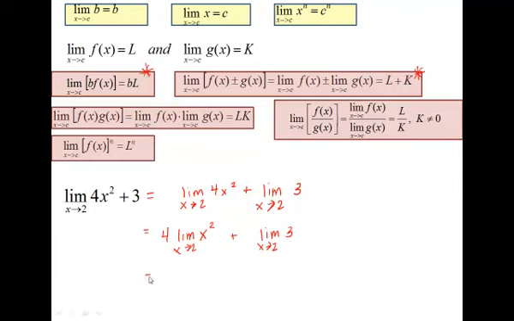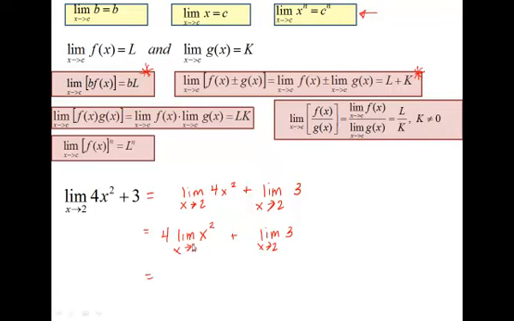Now I can use direct substitution. If I have a limit of a power, so x to some number, then whatever value I'm approaching with x, I can stick that value in for that function and calculate.